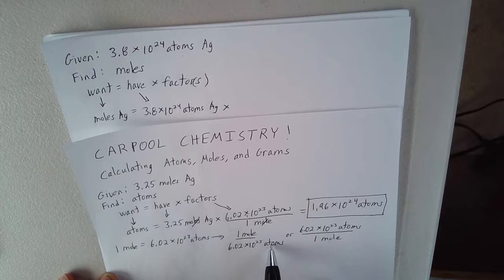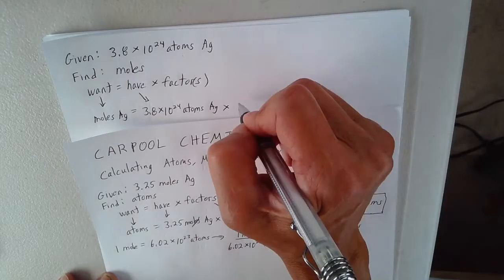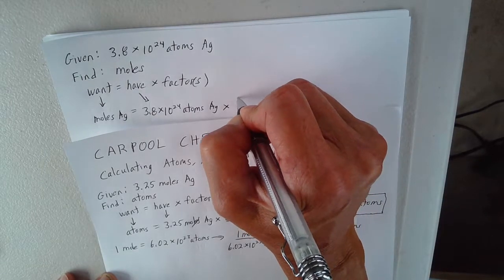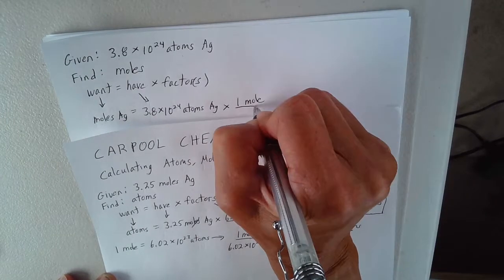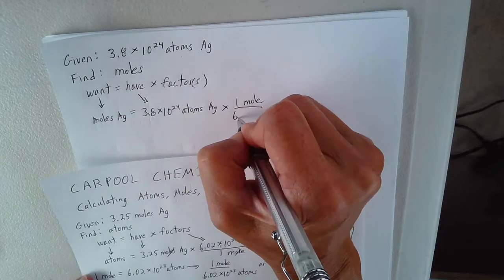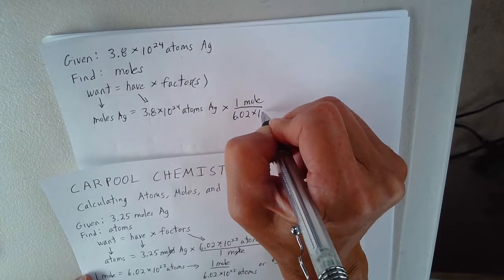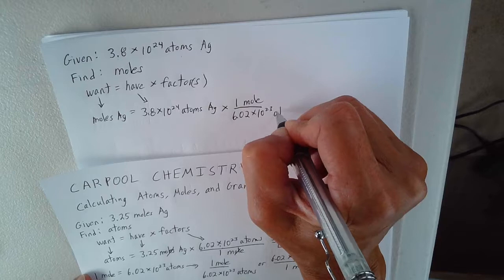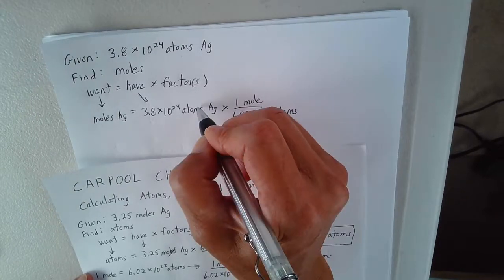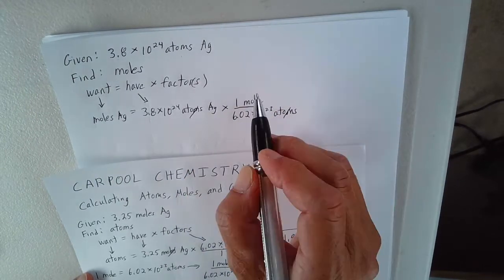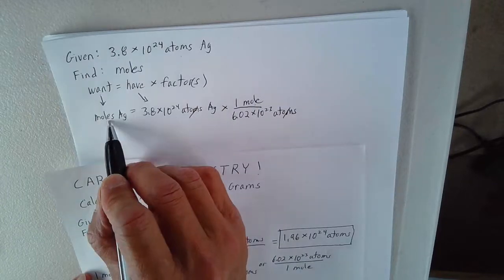And so now we choose the first ratio, 1 mole per every 6.02 times 10 to the 23rd atoms. So we put it right up over here, 1 mole for every 6.02 times 10 to the 23rd atoms. And our atoms cancel out, leaving us with moles, which is what we're looking for.